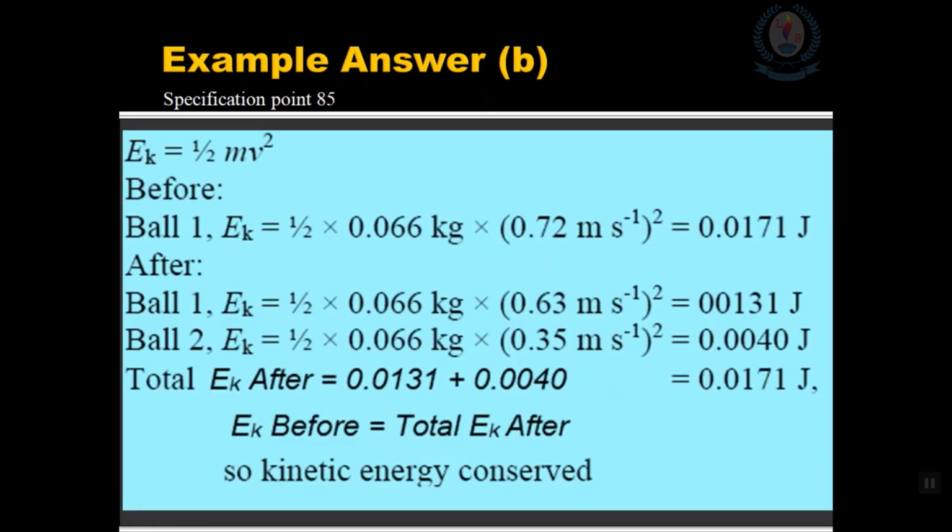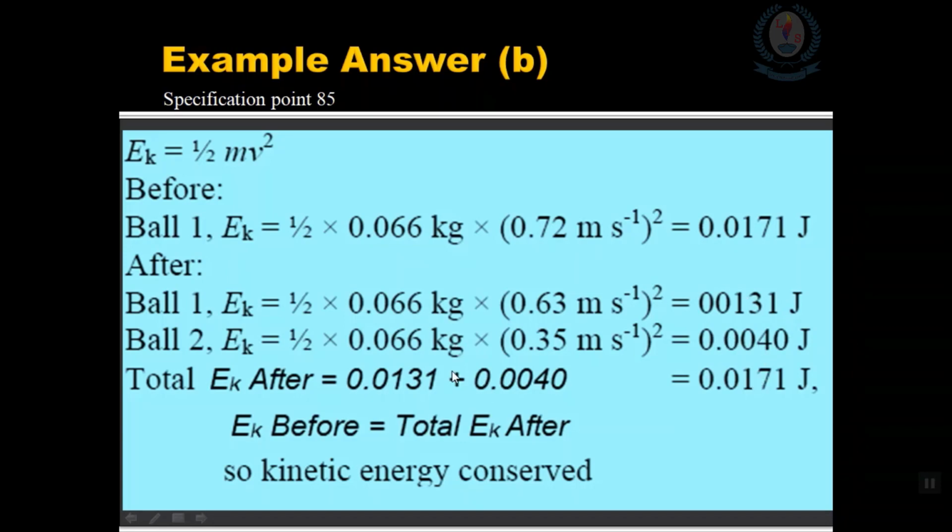Okay. Now about the kinetic energy. I told you earlier that I am going to do a question about both momentum and kinetic energy. This is that question. So when we look at this one, we see that kinetic energy before is half mv squared. Did I resolve? No, it is a scalar. It is equal to 0.0171 joules. Kinetic energy after, I calculated the kinetic energies of individual balls and I added them.